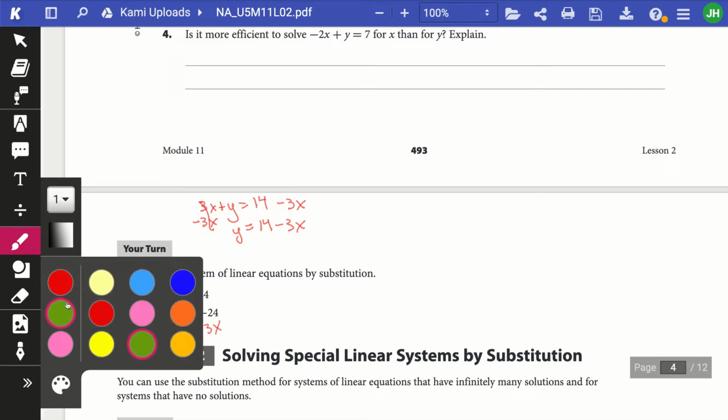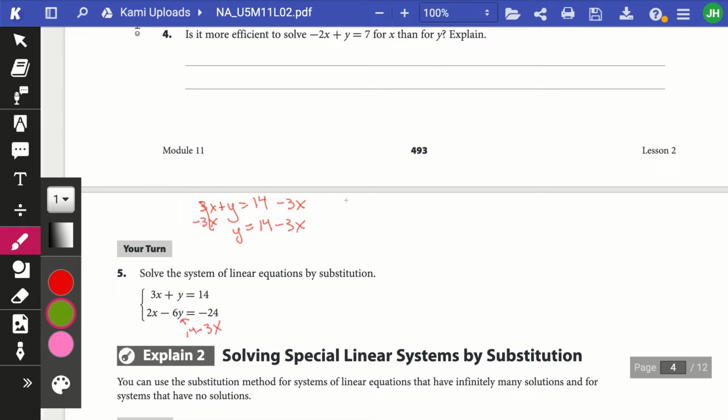So right here where we see a y, we are going to put 14 minus 3x. Let's change colors. And we're going to say 2x. So we are substituting what y equals into the other equation because when y works for both and x works for both, they are both good.